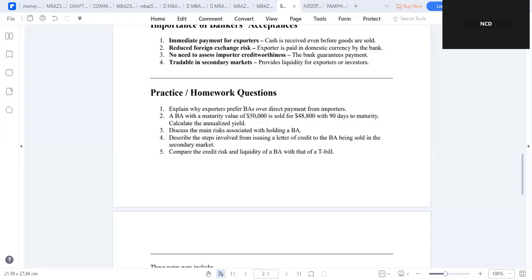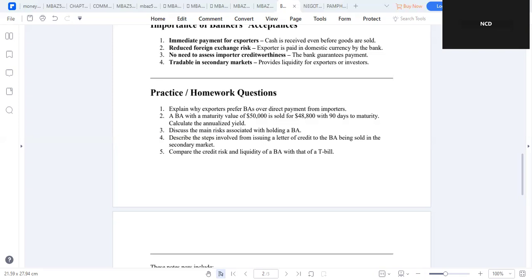Question number 3. What are the main risks of holding a BA? The associated risks of holding a BA are credit risk, liquidity risk, interest rate risk, and so on.